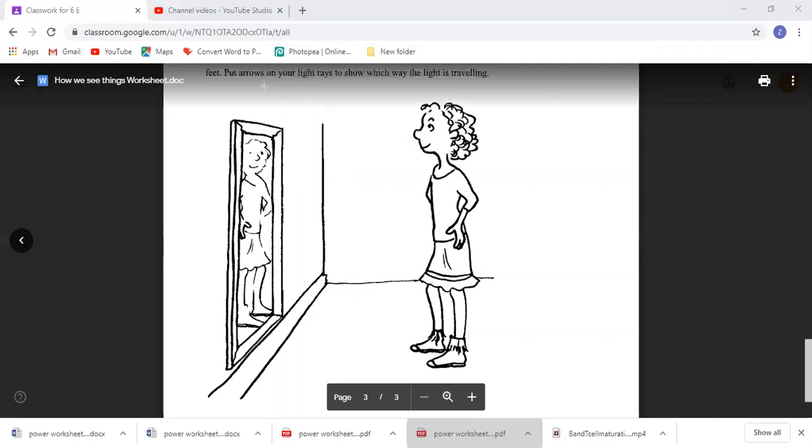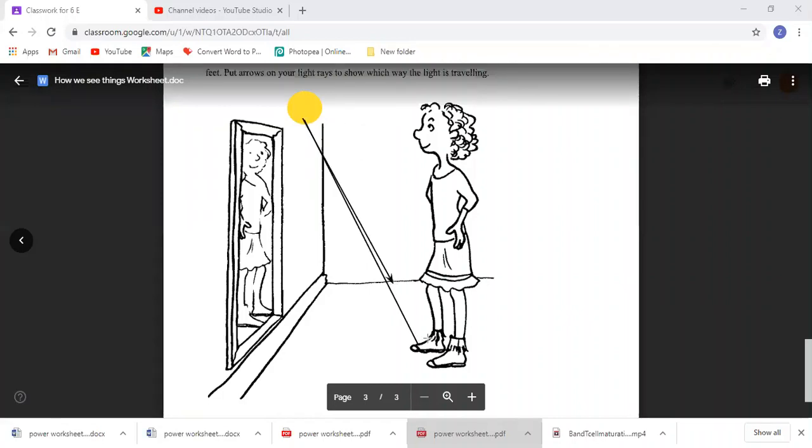So first I'm going to make a light source. Right? So light from here travels in a straight line. Okay, I should have used the arrow one.